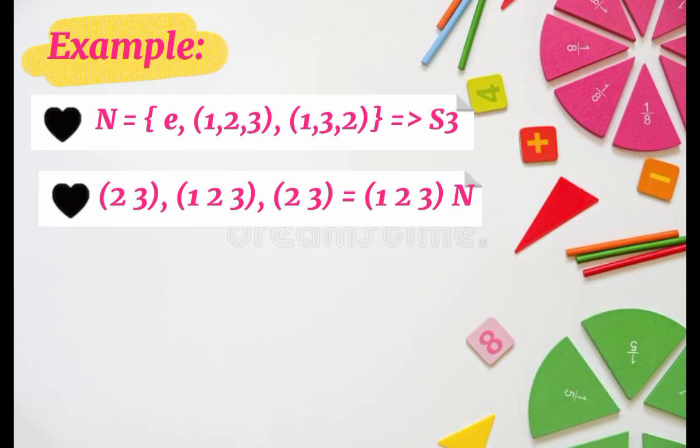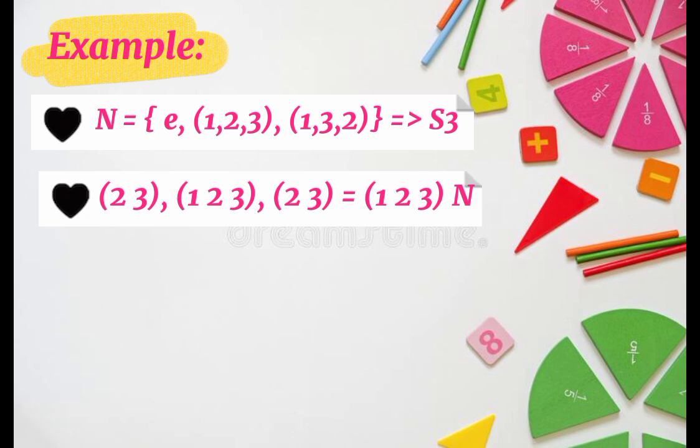You can see how this composition of permutations maps 2 to 3, but then maps 3 to 1. So in total, 2 gets mapped to 1. Then 3 gets mapped to 2, but then that gets mapped to 3, and so in total 3 is mapped to 2 and 1 is mapped to 3. So you can see that this composition of permutations equals this, which is an element of N.